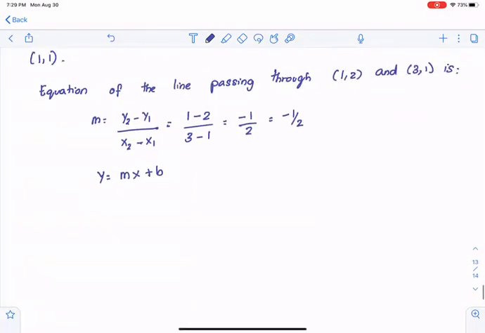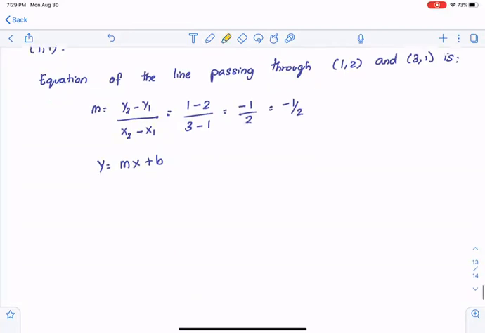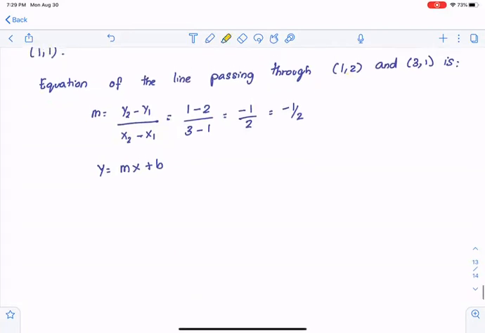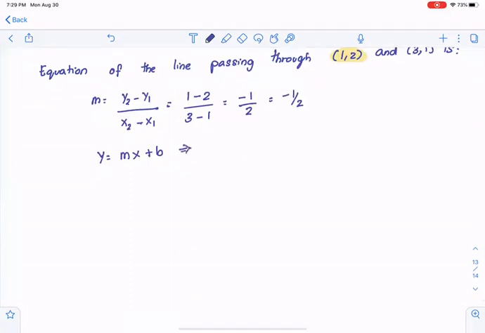When x is 1, y is 2, right here. So I'm going to plug in x and y. So 2 equals m times 1 plus b, but the slope is negative half. So 2 equals negative half times 1 plus b.